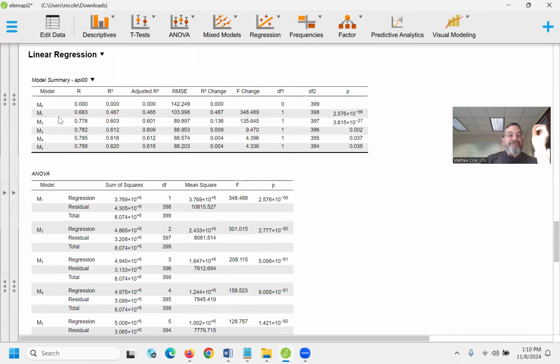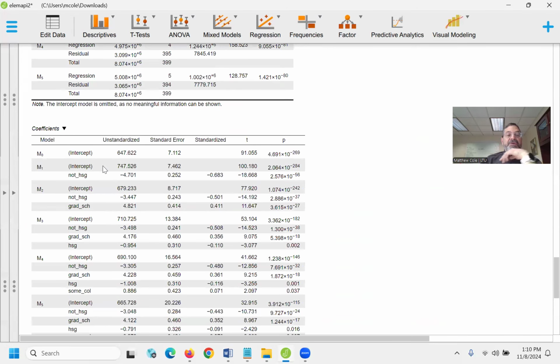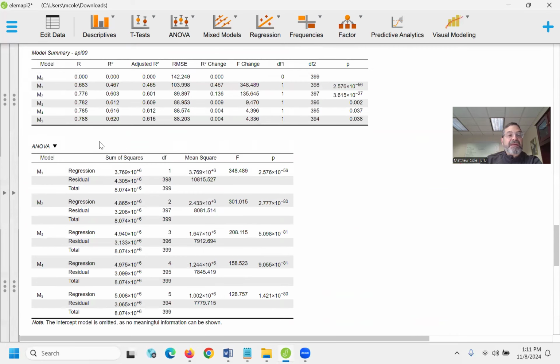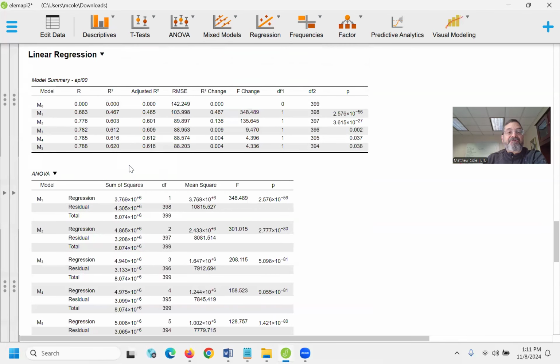But we see here 5 blocks, and we can see the order. The first block is that as the percentage of parents who do not have a high school graduate increases, that is the largest predictor of academic performance. That alone is predicting 46.7%.